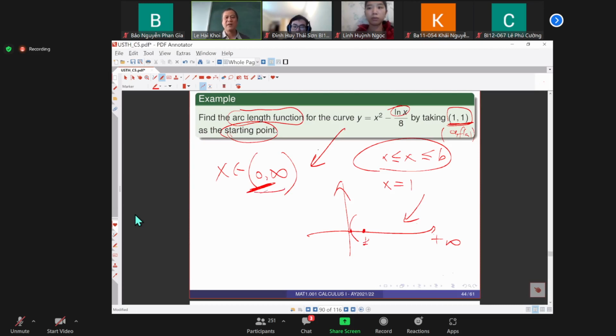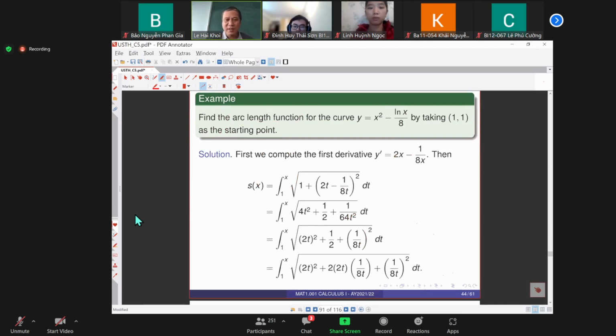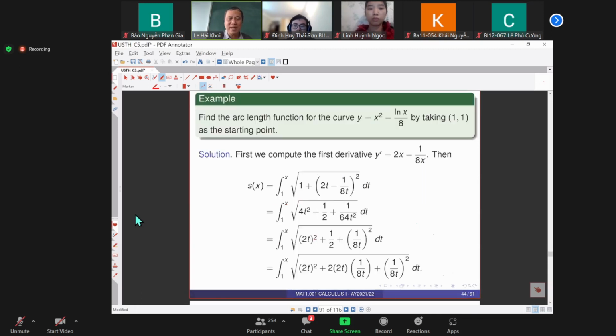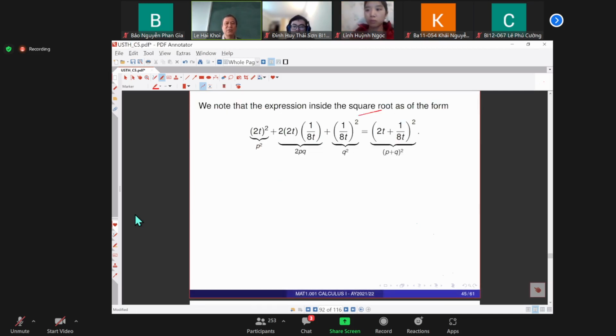But now you apply the formula, from A to X, from 1 to X, square root of 1 plus f prime squared, because f prime is 2x minus 1 over 8x, squared, and you get this integral. Do it by yourself. Very easy to use, for example, the square root expression. You get the answer here.